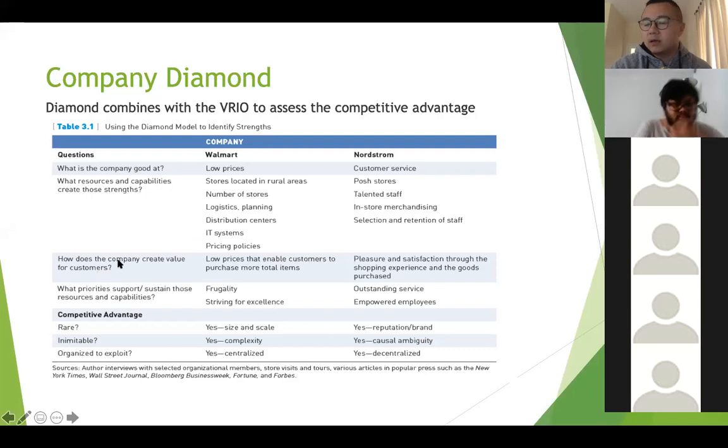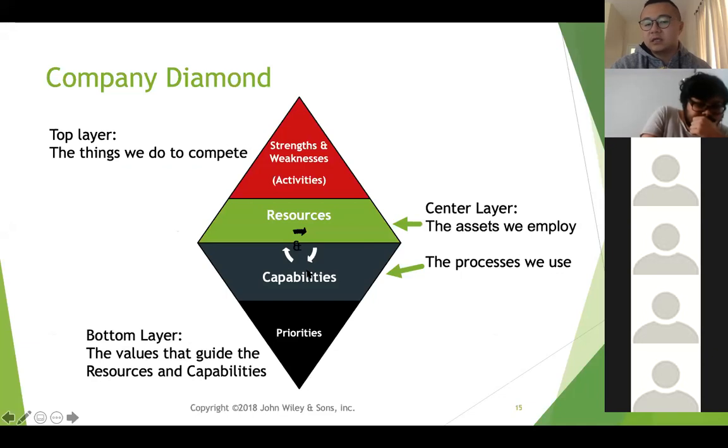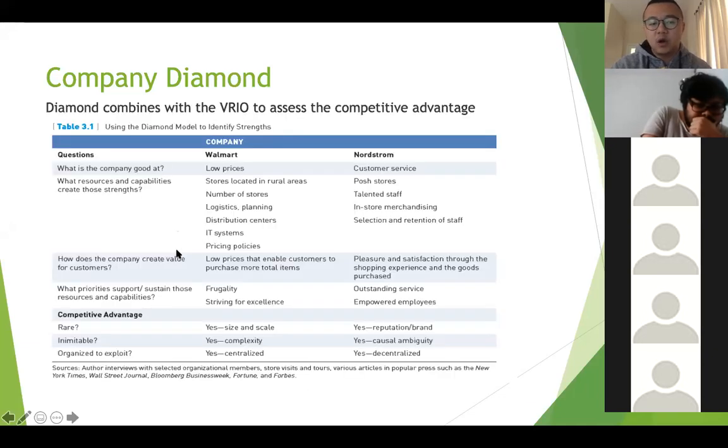Also, how does a company create value for the customers? I think that is the capabilities sector from the company diamond analysis. Also here, what priority supports or sustains those resources and capabilities is the priority sector from the diamond analysis. Also, you can see competitive advantage, where the company is organized to exploit.